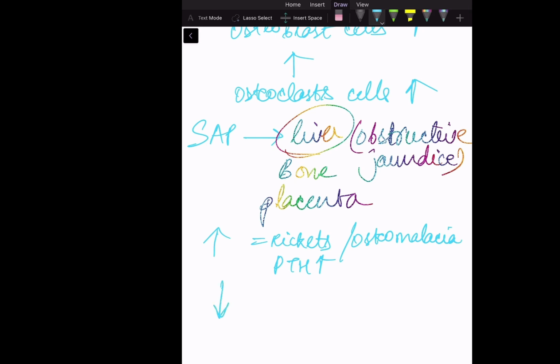If SAP is decreased, it is hypophosphatasia. This is the most important point.